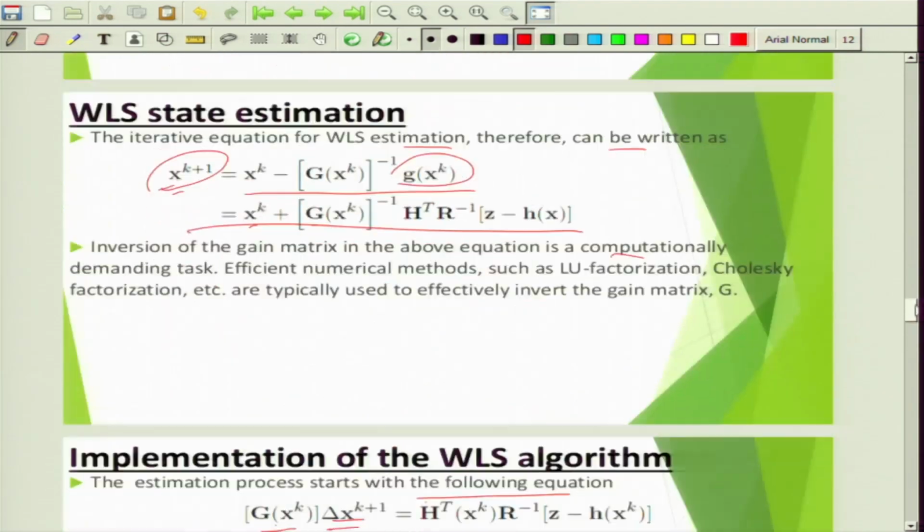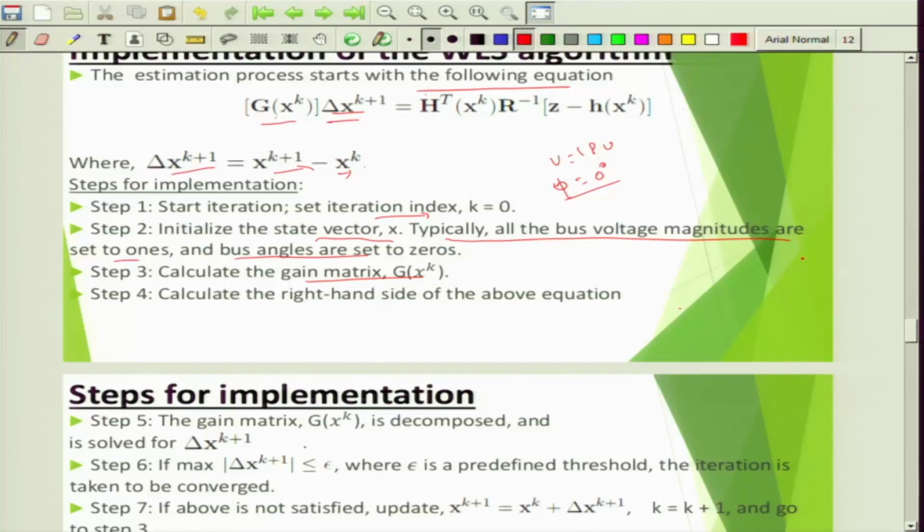Once you have found the gain matrix, you know H, the Hessian matrix, and the previous state values, voltage and angle from the previous iteration, and the weight matrix. Z is the actual measurement at this instant, and h of x_k is the model function that we have discussed. So you can now calculate the right hand side of the above equation.